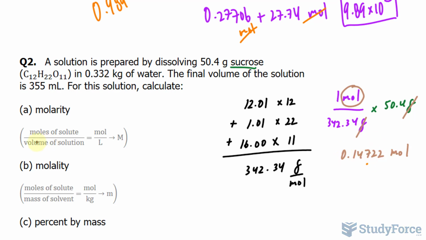So that's the number of moles of the solute. We'll take this number now and divide it by the volume of the solution. The volume of the solution is 355 milliliters. Converted into liters, that's 0.355 liters. In case you're curious as to how I got this, remember that 1,000 milliliters is equal to 1 liter.